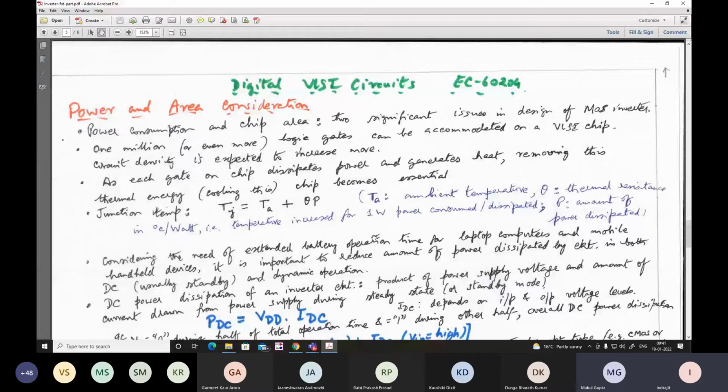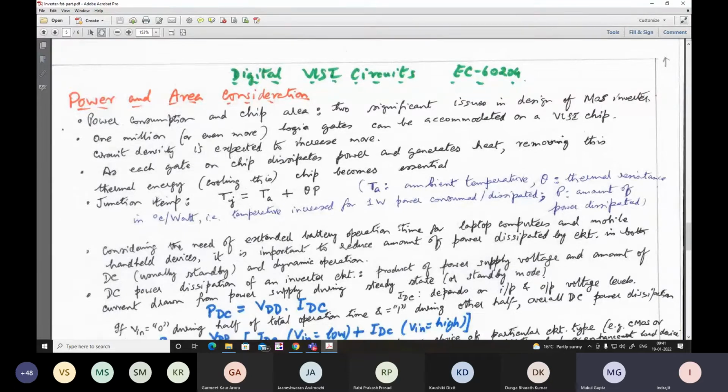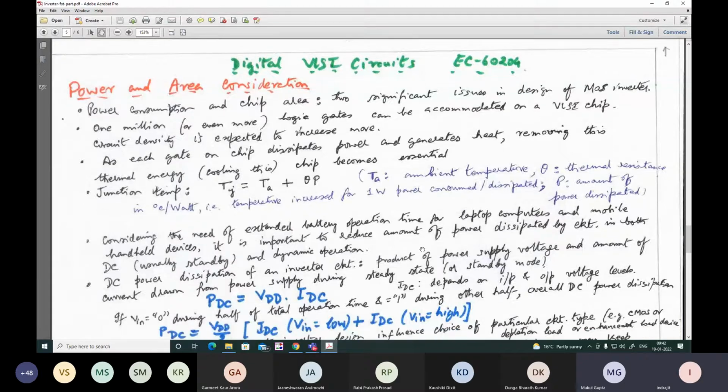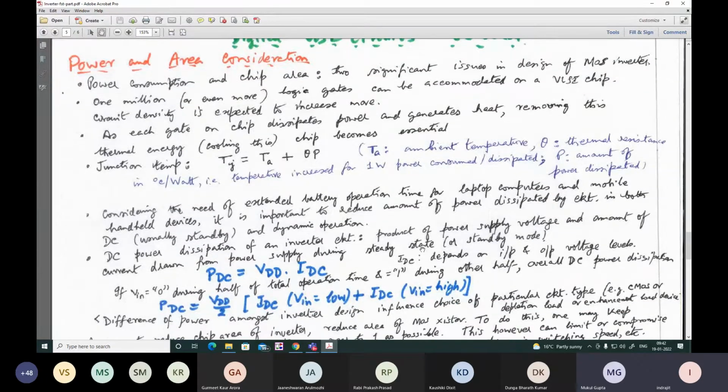Now, considering the need for extended battery operation time for laptop computers and mobile handheld devices, it is important to reduce the amount of power dissipated by the circuit in both DC and dynamic operation. In order to reduce the power, we need to reduce the current. How can we do that? By reducing the size of the device.